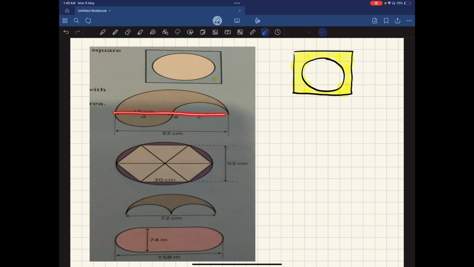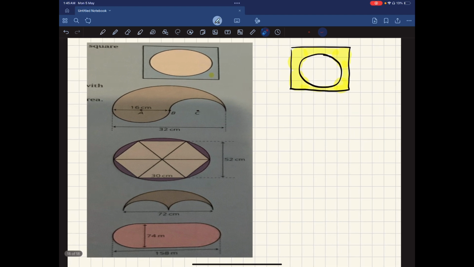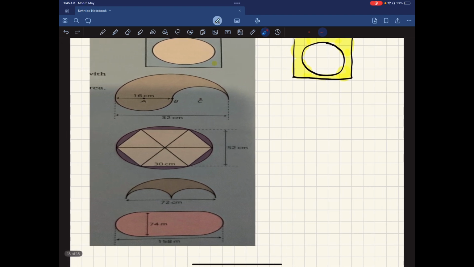So you can just calculate the area of the semicircle, and you will have the area of this shape. Why? Because this part that we were going to subtract, and then we had to add this part to the shaded region, is exactly the same as this part. So we can just simply calculate the area of the semicircle to find the area of the shaded region.